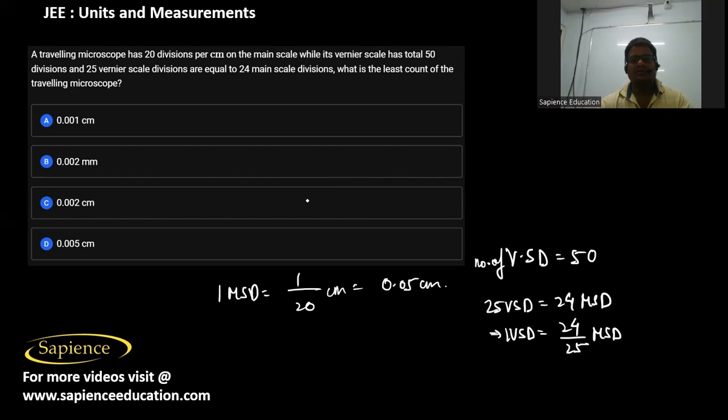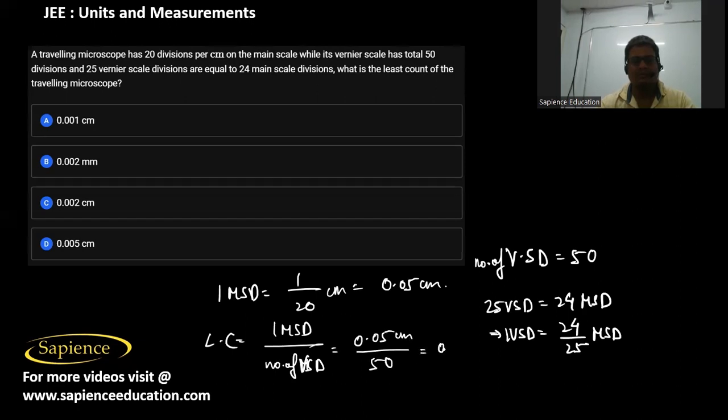Then what is the least count of the traveling microscope? The least count will be equal to one main scale division divided by the number of vernier scale divisions, that is 0.05 centimeter divided by 50.